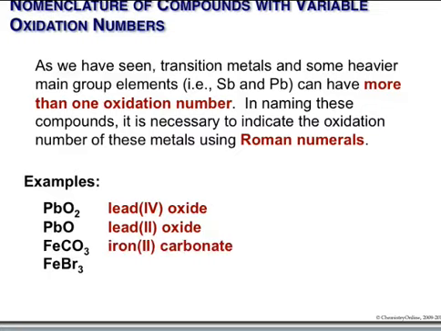We have 3 of them. That's 3 negatives. That means our iron here must be +3, and this is iron(III) bromide. Any questions?